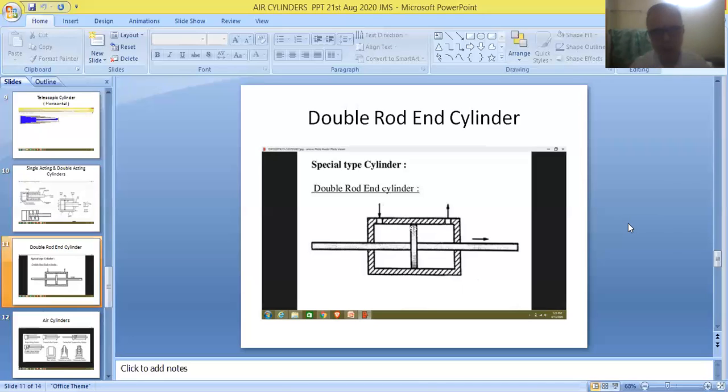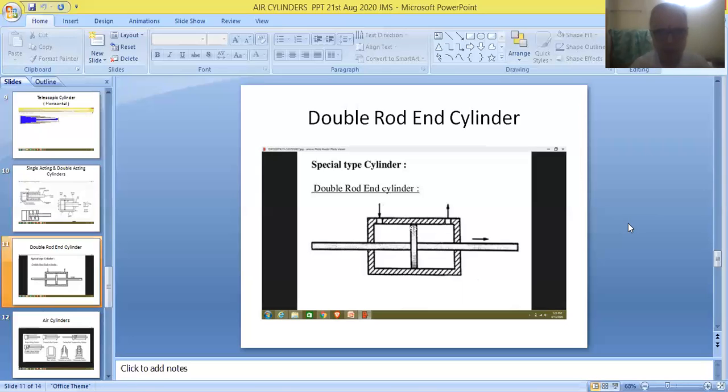One piston rod will be coming on the right hand side of the piston, and another rod will be coming on the left hand side of the piston.